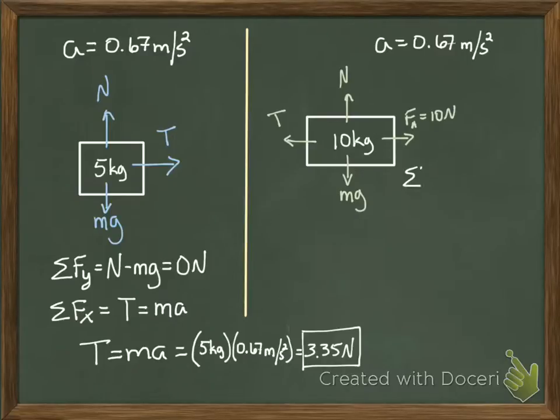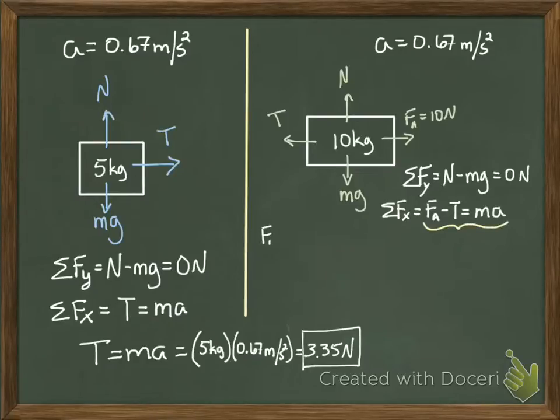Let's solve for the net forces in both the x and the y direction. All the forces cancel out in the y direction, they add up to 0. In the x direction, however, I have the applied force minus the tension. That's not equal to 0, that's equal to m times a, and that's what I want to focus in on, that segment of the equation. The applied force minus the tension is equal to mass times acceleration.